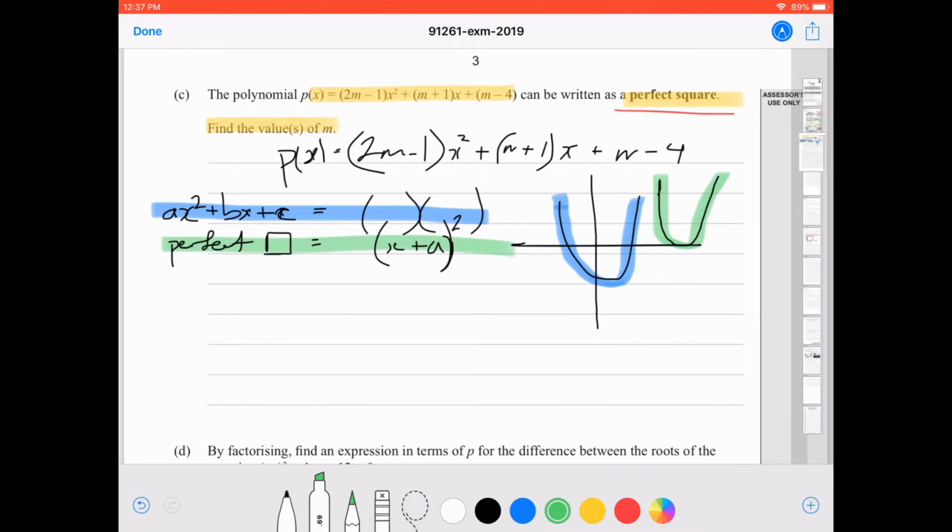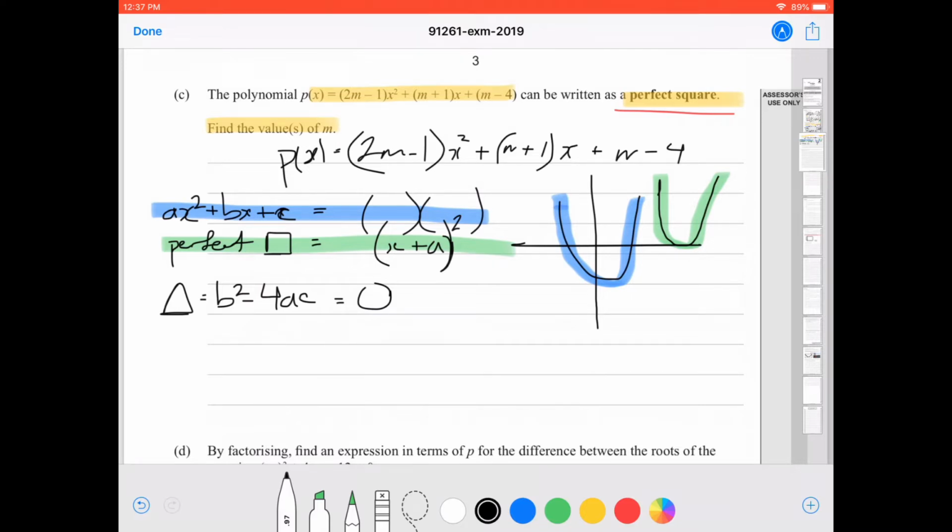Now, how are we going to find the value for m? Well, it's at this point we need to use our knowledge of discriminants. So the discriminant is b squared minus 4ac. And if we have a perfect square, that means one value for x, so one root, touches the x-axis once, and that means our discriminant is going to equal 0 here.